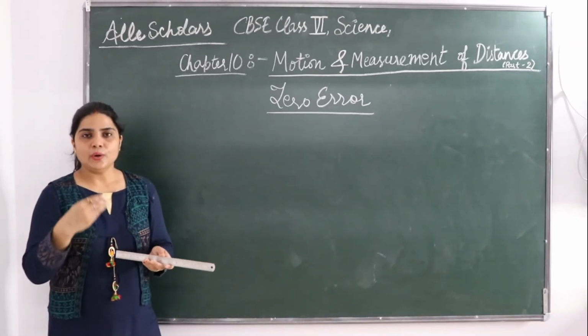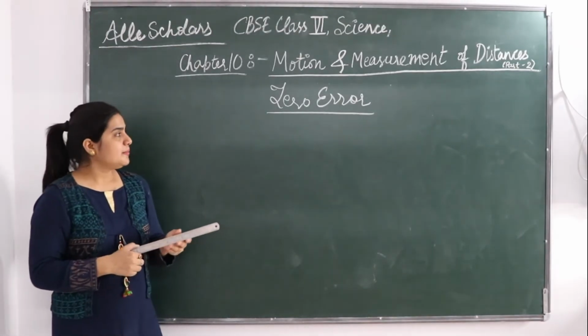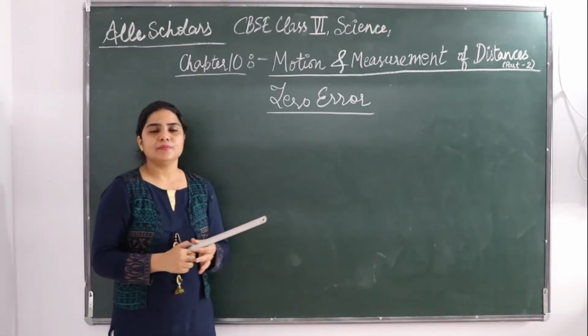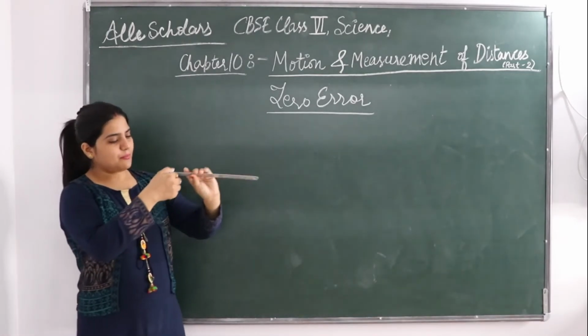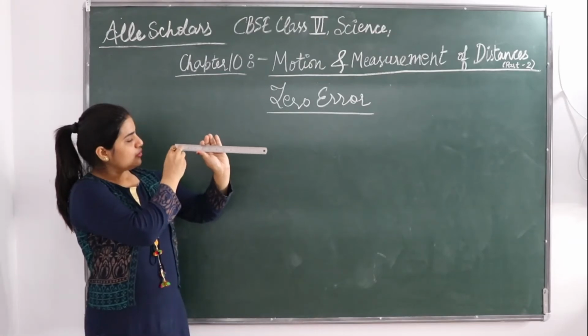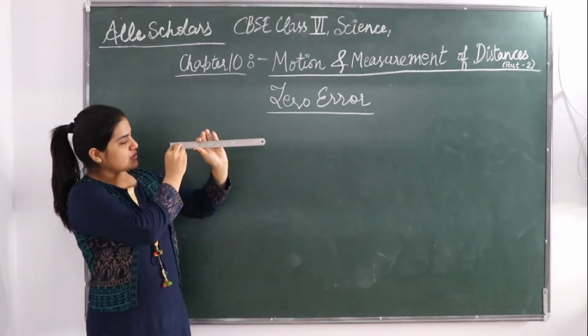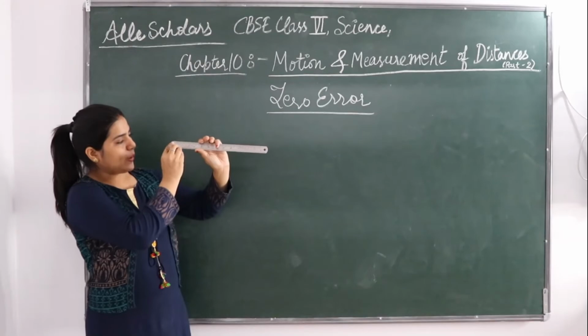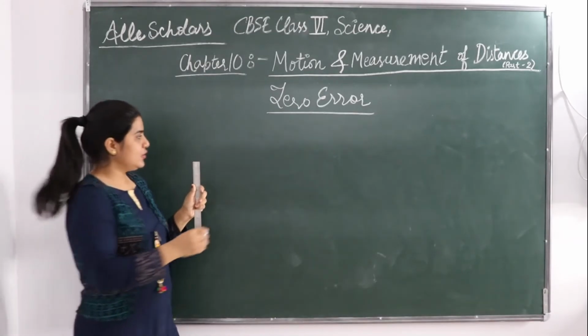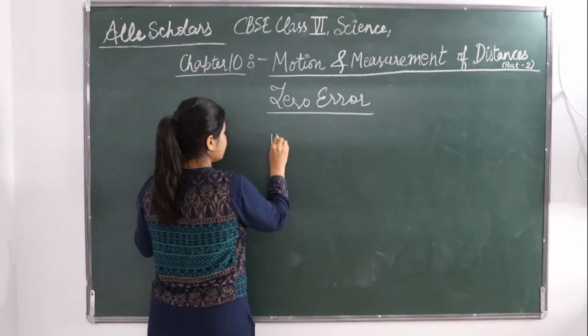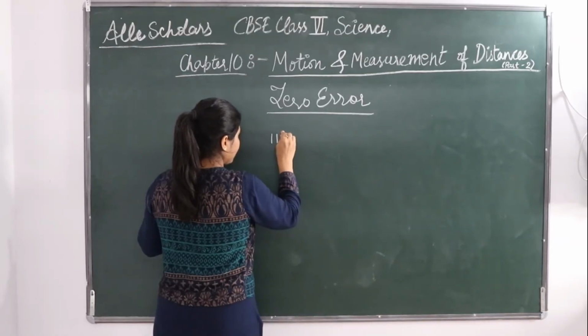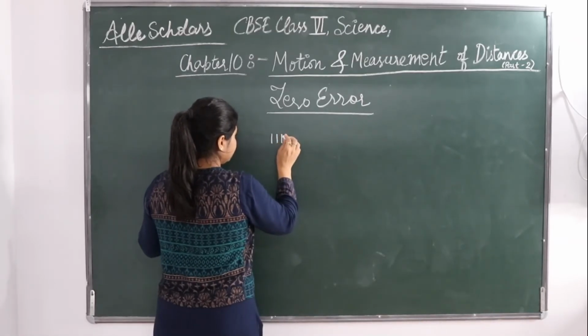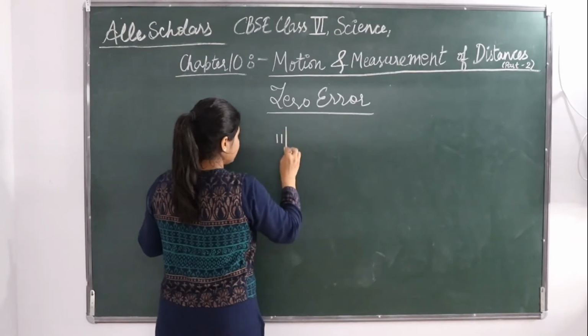So for 0 error, what you have to do? You have to measure in some different way. The measuring from a different mark must be carried out. Suppose if 0 is missing, you remove 0, you start the measuring from 1. Suppose this was here. This much is missing.